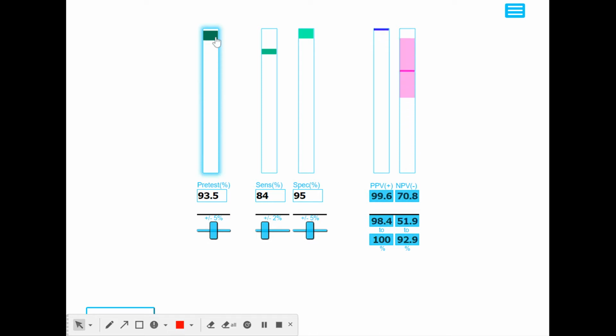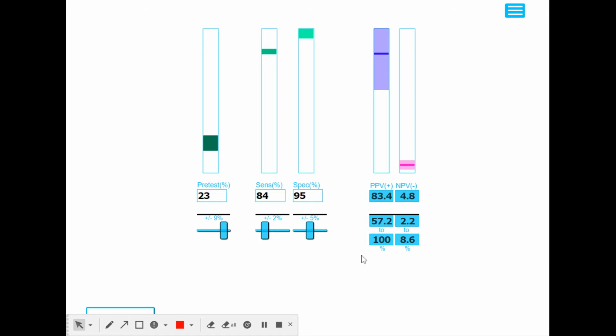You can see that as the uncertainty increases, the uncertainty in the result also increases. And the range of answers is indicated here. So for a 23% pretest probability and a test that is 84% sensitive and 95% specific, the post-test probability of it being, if the test is positive, is 83.4%, and if the test is negative, it's 4.8%.